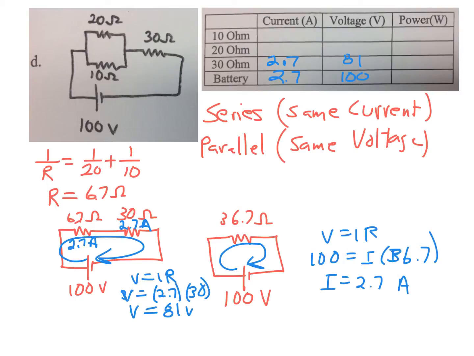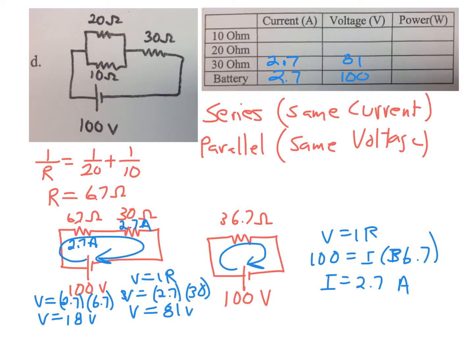But now for the replacement 6.7 ohm resistor, I can figure out the voltage, which would be V equals I, 2.7 amps of current going through that resistor, times the 6.7 ohms. That gives me 18 volts.